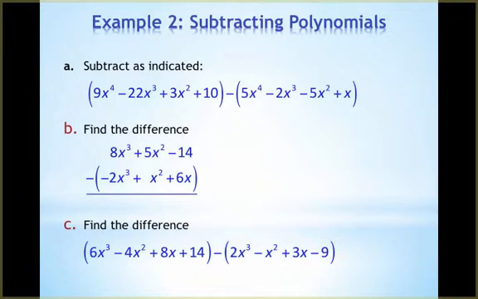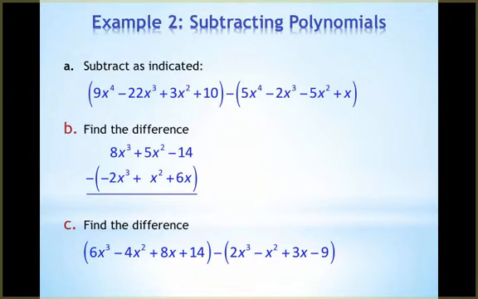Now, the way I do subtracting polynomials is I remember that subtracting is the same thing as adding the opposite. If I had 3 minus 12, that's the same thing as 3 plus negative 12. So I treat all of my subtraction problems as addition problems.